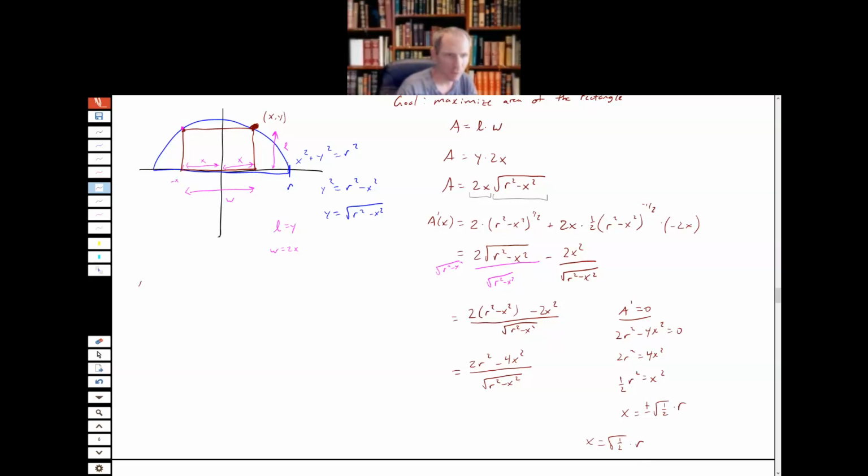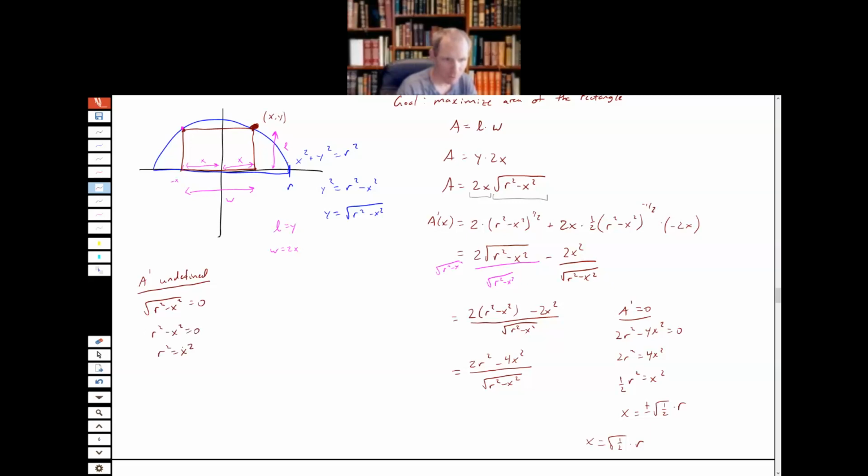All right, now let's look for where a prime is undefined. So that's where the square root of r squared minus x squared is equal to 0. I'm solving for x. So that's where r squared minus x squared equals 0.